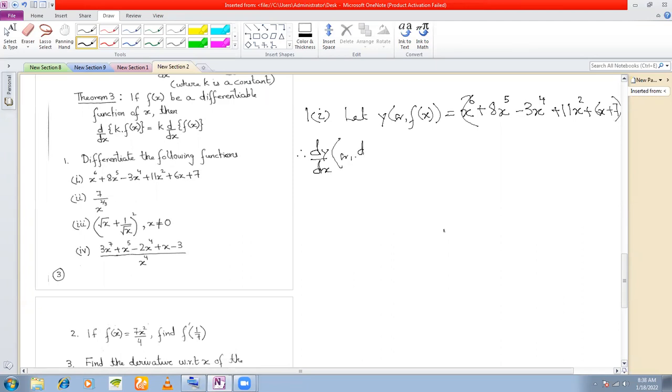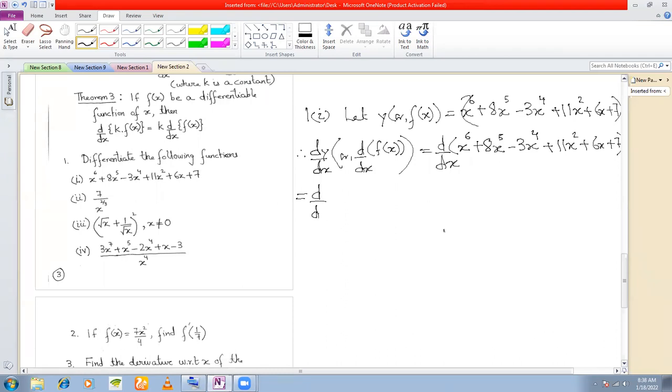or d/dx of f(x), is d/dx of this entire polynomial x to the power of 6 plus 8x to the power of 5 minus 3x to the power of 4 plus 11x square plus 6x plus 7. Now you know you can distribute the differentiation over each of these functions.